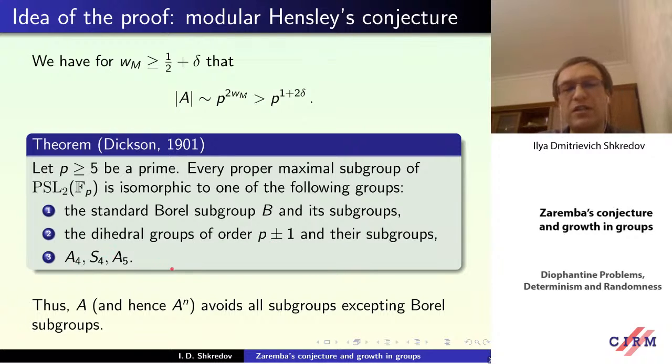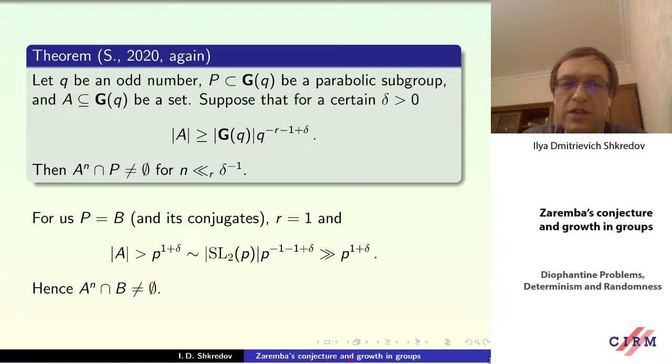So there are just several finite ugly subgroups like A4, S4, A5. So just by size, the orbit of my set A avoids all these dihedral subgroups and these finite subgroups. So my enemy now is a Borel subgroup and its conjugates, and we know the following general result.